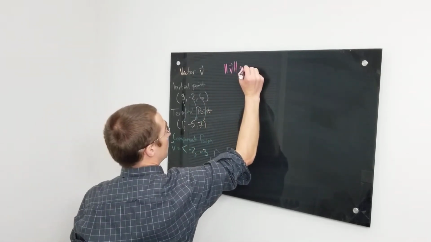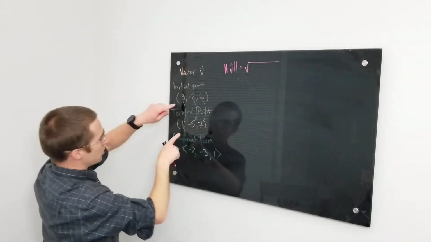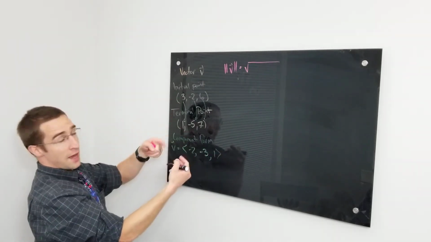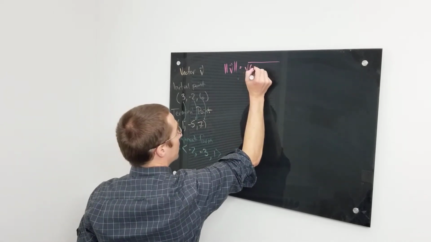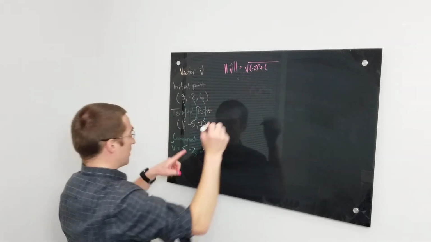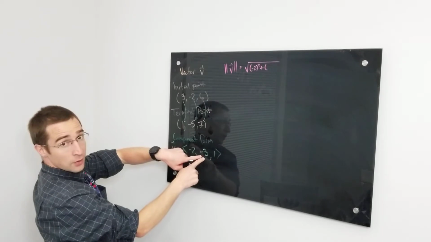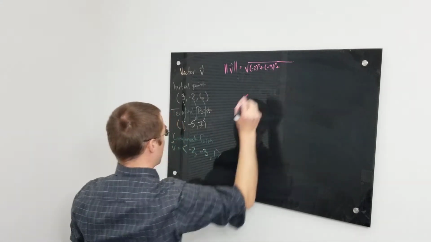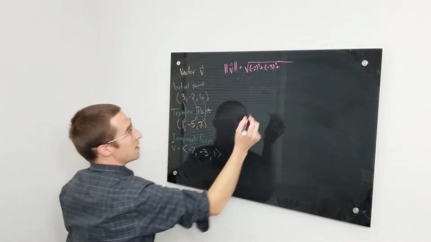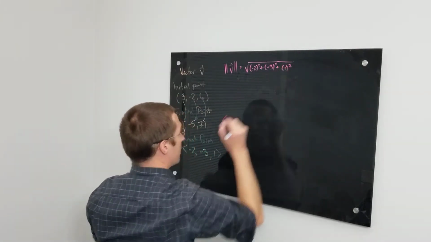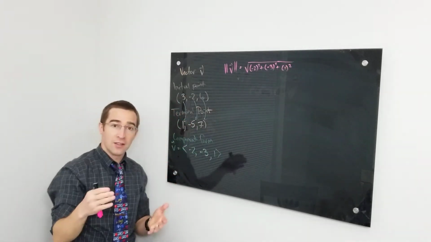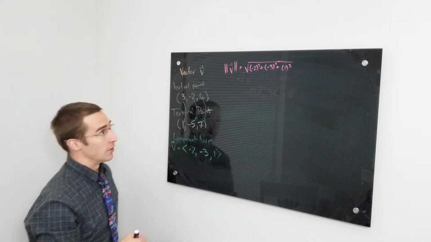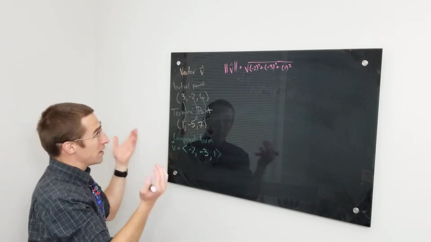So here, it's the change between the initial and terminal point, or the x component squared, plus the change in y, or the y component squared, plus the change in z, or the z component squared. Remember, the magnitude is just the length of this directed line segment, or the length of this vector. So it's just the distance from initial to terminal point.